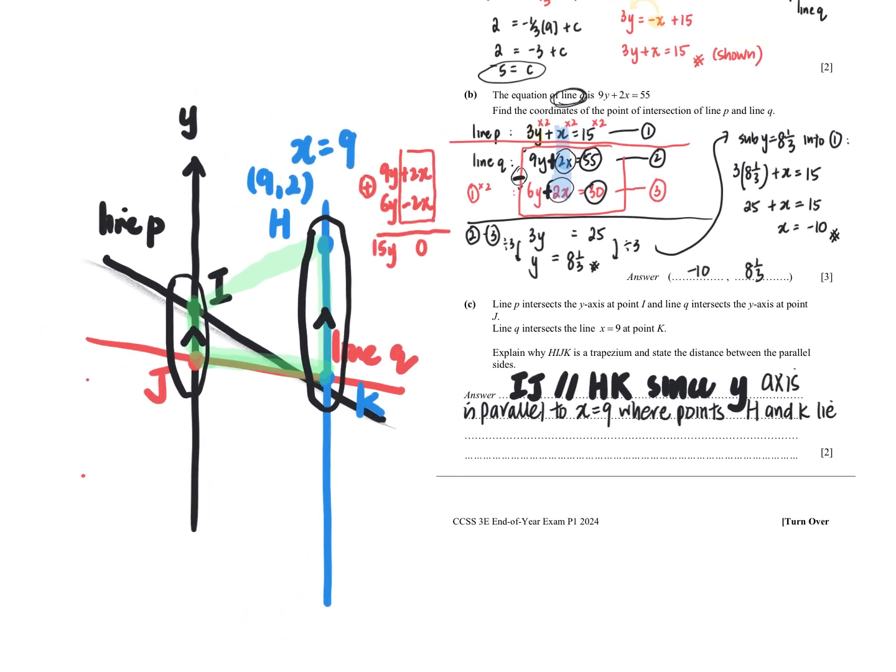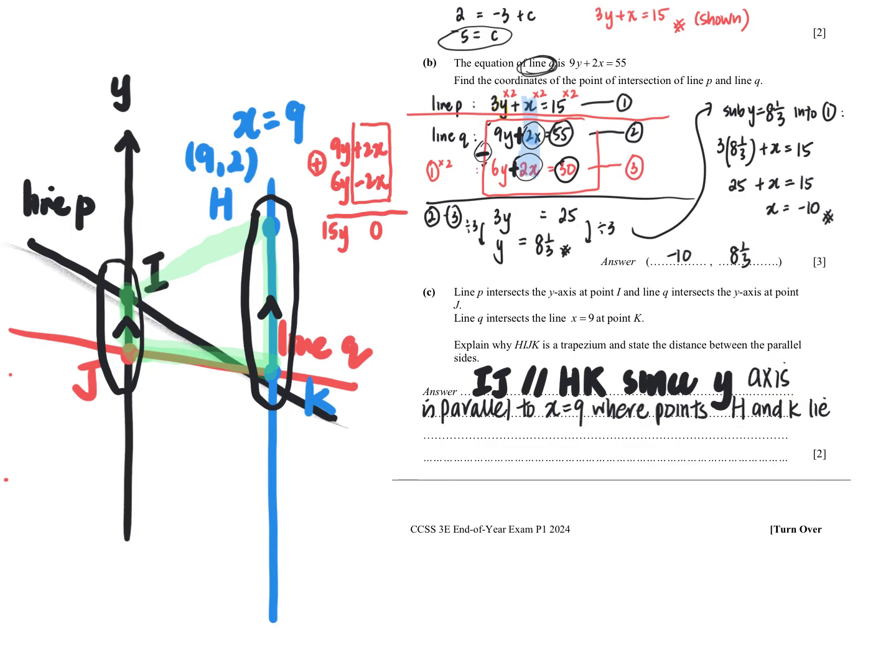So the idea is that they are parallel, therefore HIJK is a trapezium.